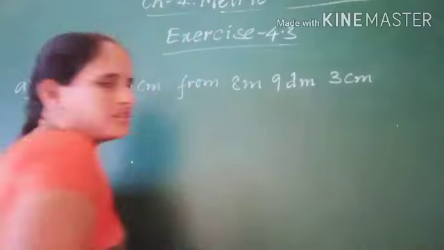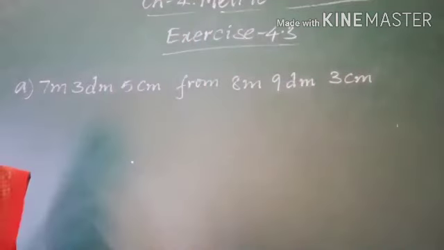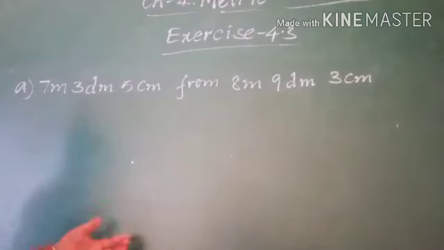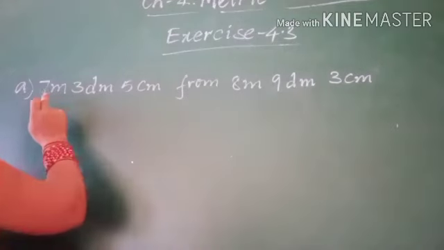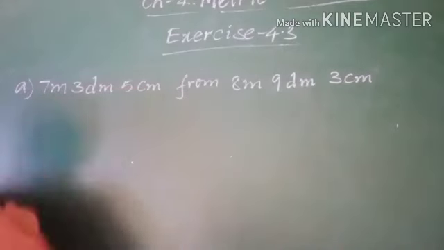Already we know that when we are doing subtraction, the number after "from" is the number we write first. Before going to that, first you write the units. Which units are there here? Meter, decimeter, centimeter.